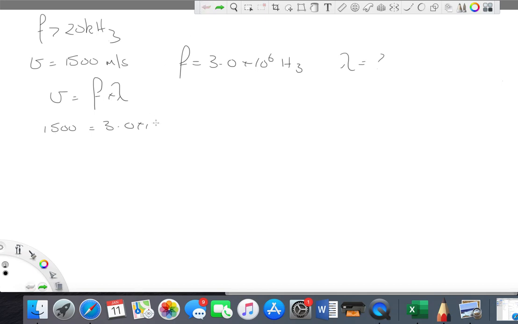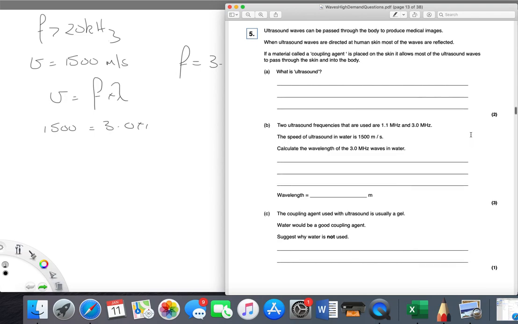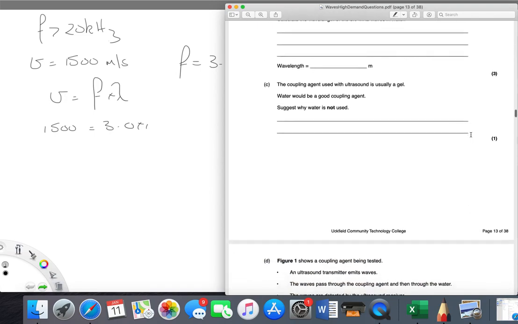We're looking to know how to apply our knowledge of wavelengths. Now, I haven't mentioned coupling agents. I thought I would leave it to here.